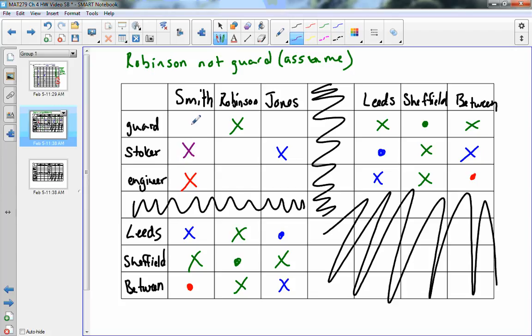So that means that Smith would have to be the guard, which means that Jones has to be the engineer, which leaves Robinson as the stoker. The only question that they asked us was, what is the engineer's name? So that would give us Engineer Jones.